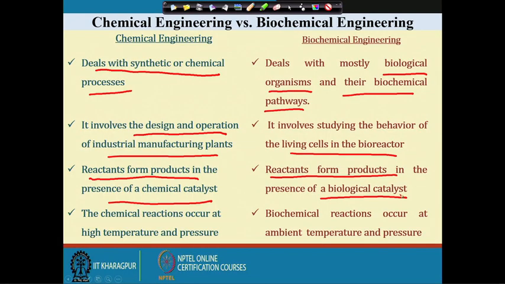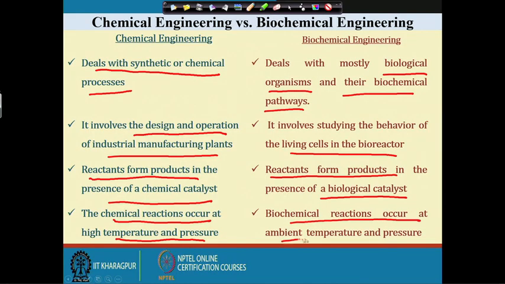Now, chemical reactions occur at high temperature and high pressure, and since they require high temperature and high pressure, naturally they are energy intensive. In case of biochemical processes, they occur at ambient temperature and atmospheric pressure, and this is very important, because we are less energy intensive.